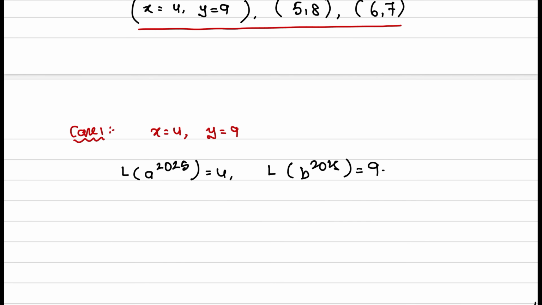Let us say. Then what will be the value of a and b? Here we have to find out not x and y, we have to find out a and b. A to the power of 2025 implies the power is an odd number. 2025 is an odd number.